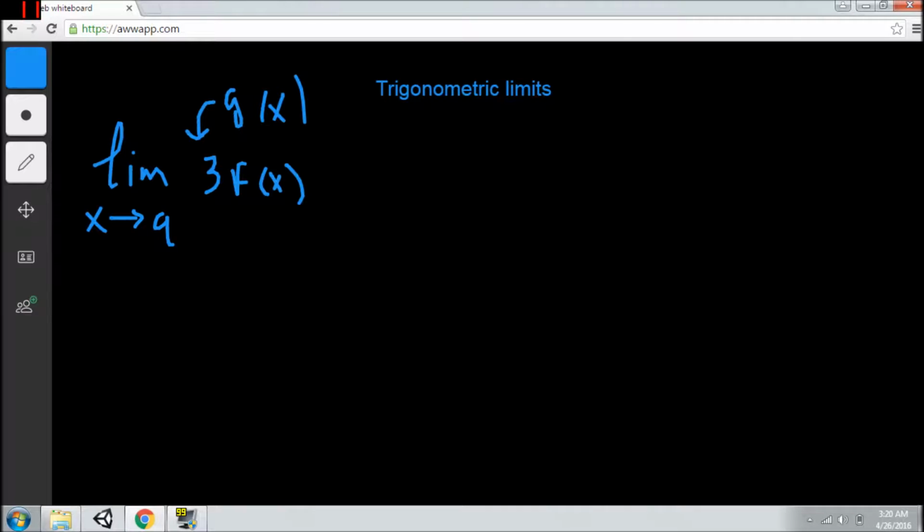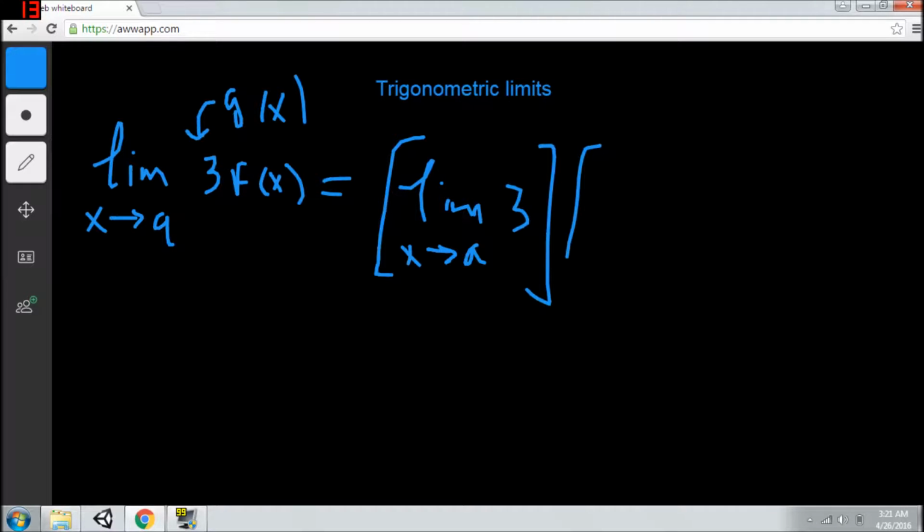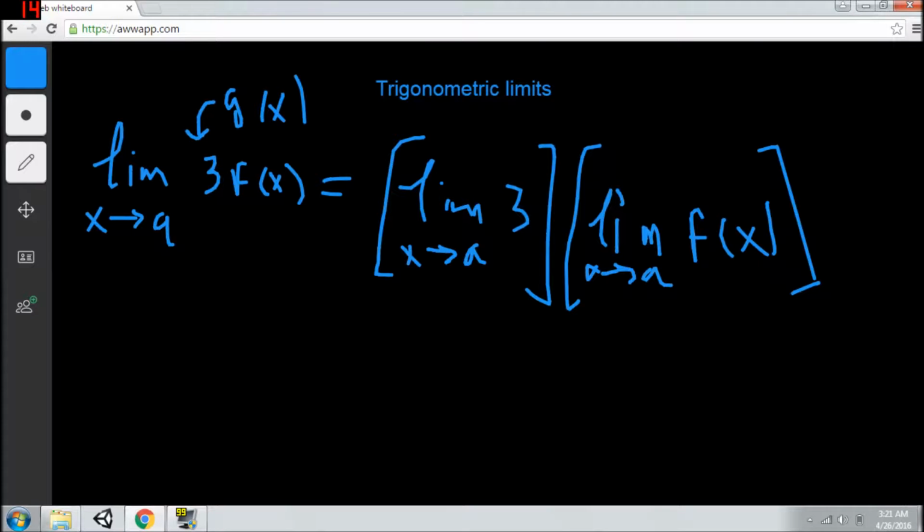If I think of the 3 as g(x) and use the second idea, I can put it as the limit as x approaches a of 3, multiplied by the limit as x approaches a of f(x). I can do that from the ideas we have discussed. I'm sorry, the brackets look messed up.